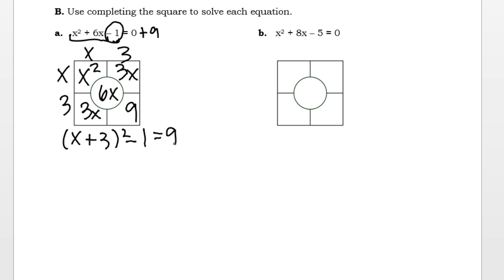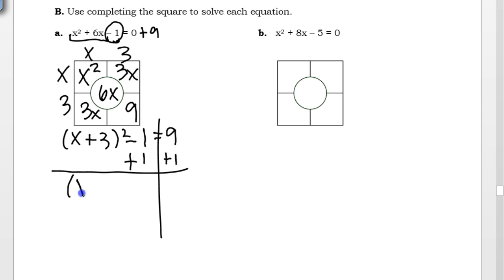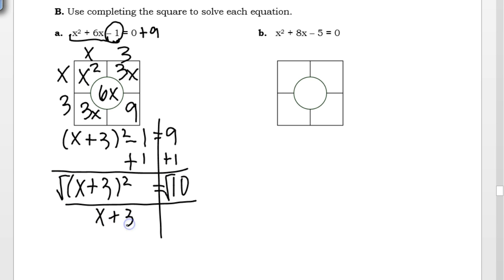So this is now something in vertex form that I can solve. We have the tools to do this. I'm going to drop the line and do our usual steps. We'll get rid of that k term. We'll root both sides of the equation. When we root, remember we get a positive and a negative.